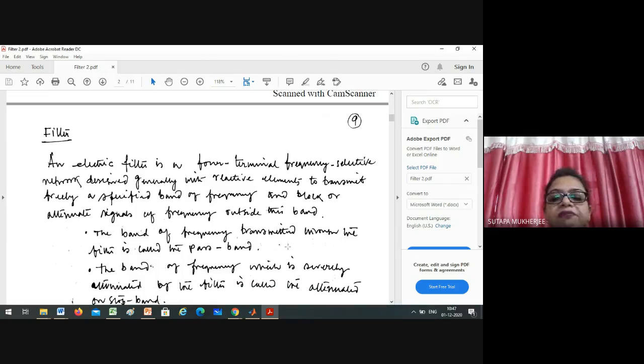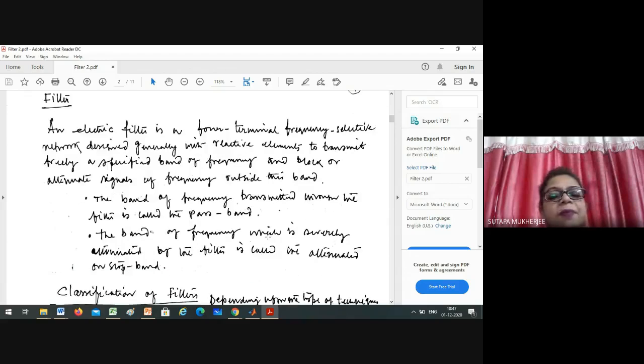So the band of frequency transmitted through the filter is called the pass band. Obviously, what it lets pass is the pass band, and the band of frequency which is severely attenuated by the filter is called the attenuated or stop band. What it attenuates is the stop band, and what it lets pass is the pass band.